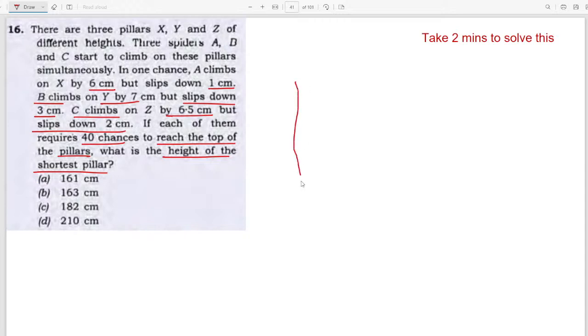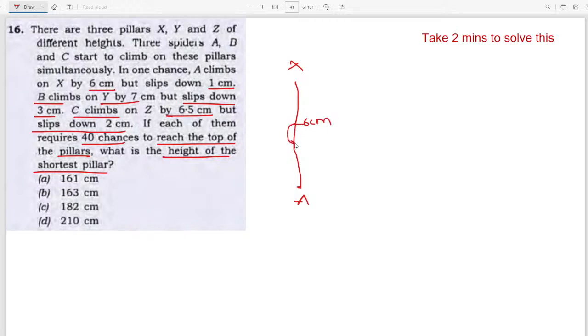So they are saying that there are 3 pillars. Let's take this as a pillar. And there is a spider. For example, let's take this as the X pillar and the spider is A. They're saying that the spider goes up 6 centimeters and then falls 1 centimeter down.